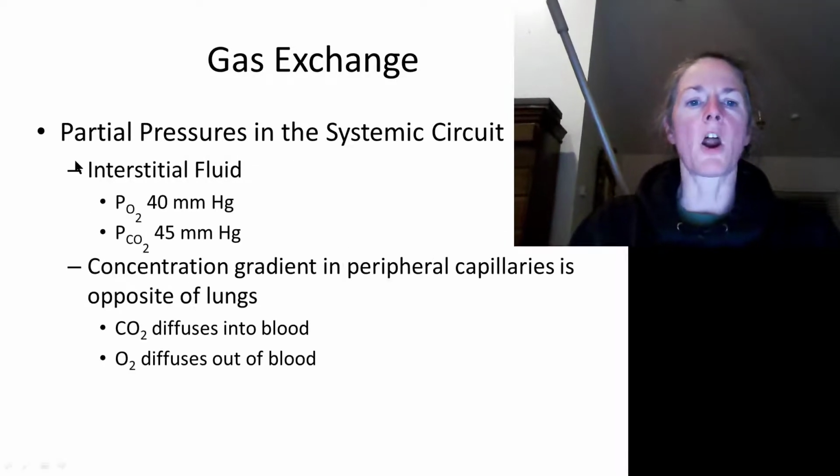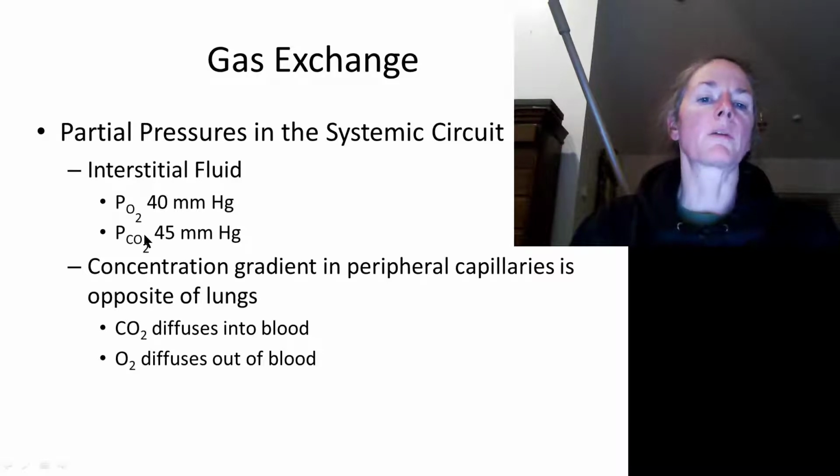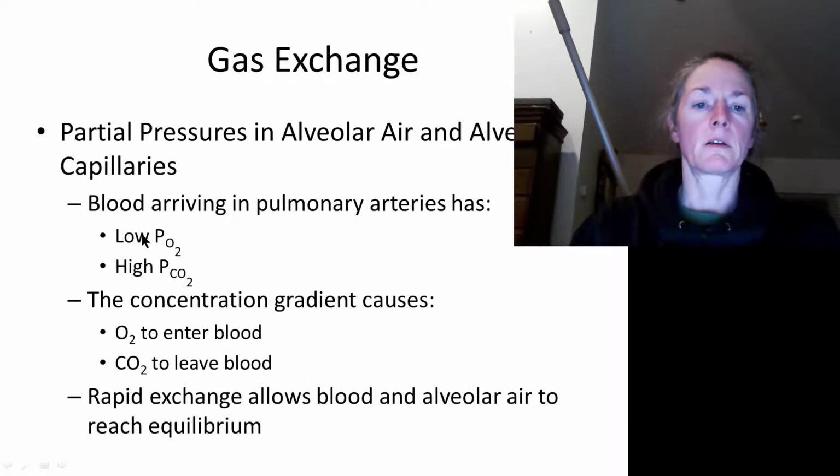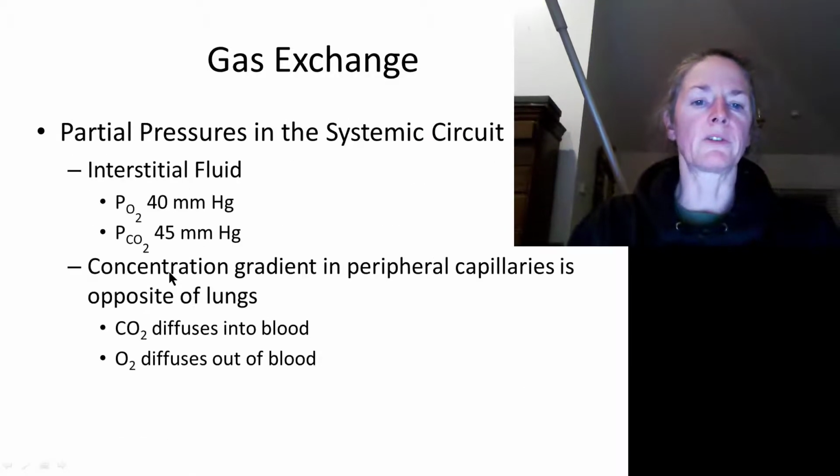All right, so interstitial fluids have about 40 millimeters of mercury of oxygen and about 45 of carbon dioxide. So basically, remember we had 40 of carbon dioxide. It was back here somewhere. Well, we'll see it later, and it's in the book.